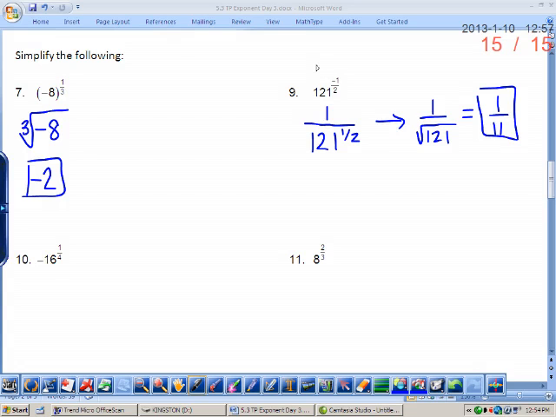All right, negative 16 to the 1/4 power. What is the base of our power? 16. Just 16. Why not negative? Yeah, look up here. There were parentheses with the 8. This is negative 16 to the 1/4. 16 to the 1/4 is the same as what?